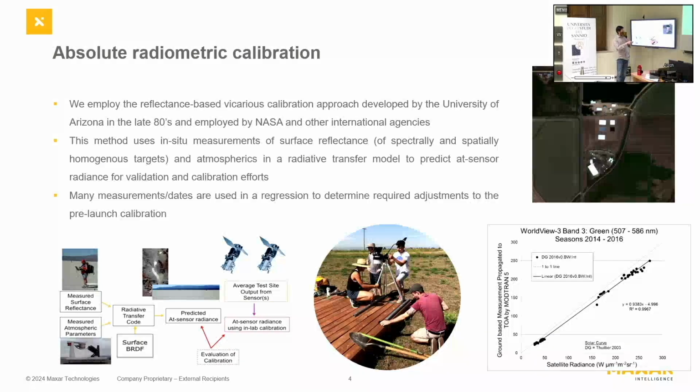And once we know what we see on the ground, we project that to the top of the atmosphere using these. We can also account for the surface BRDF, which I'll go through later, but it's basically saying that different objects have different colors depending on where you're looking at.